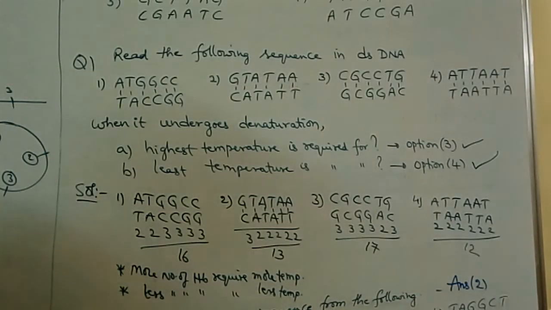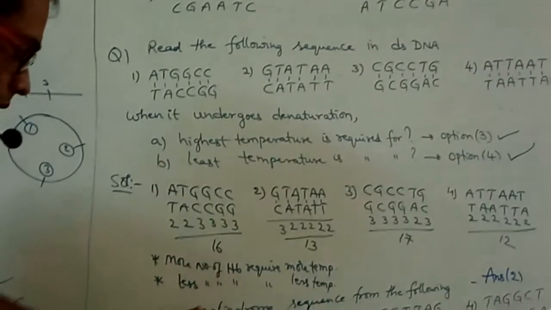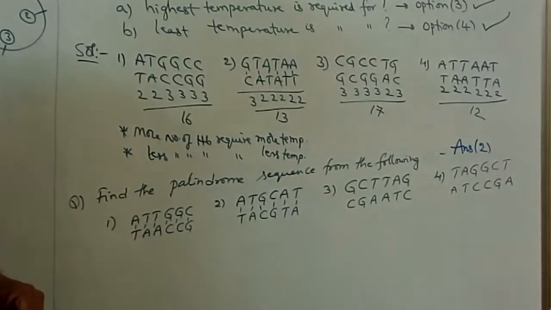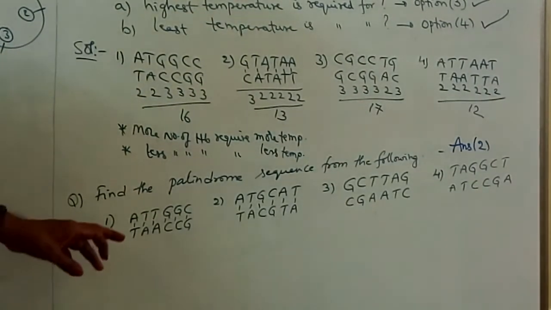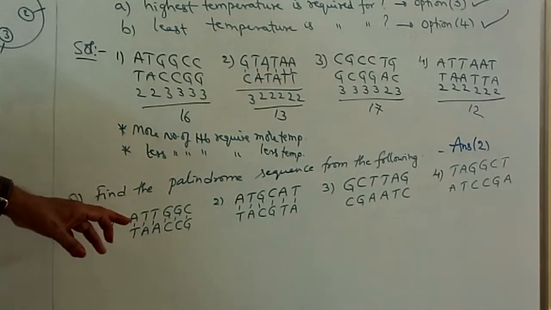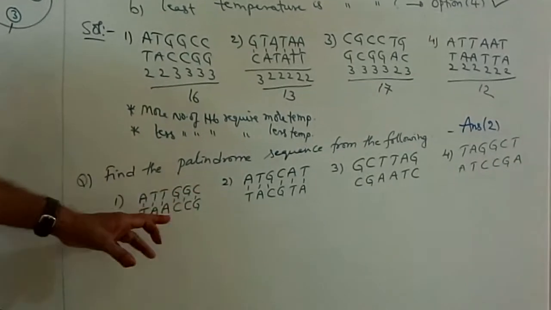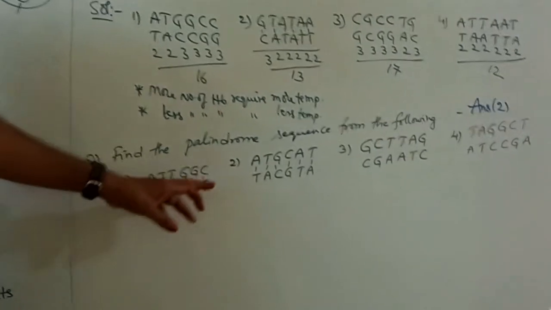Okay. Now look at here. Find the palindrome sequence from the following. Palindrome sequence means, see, A, T, T, G, G, C. This is not a palindrome sequence.